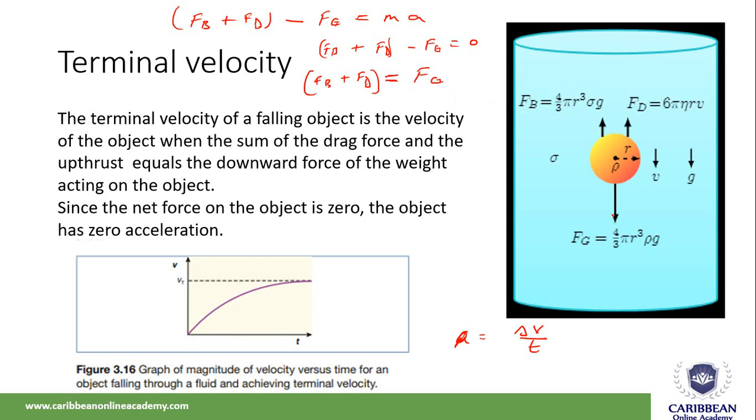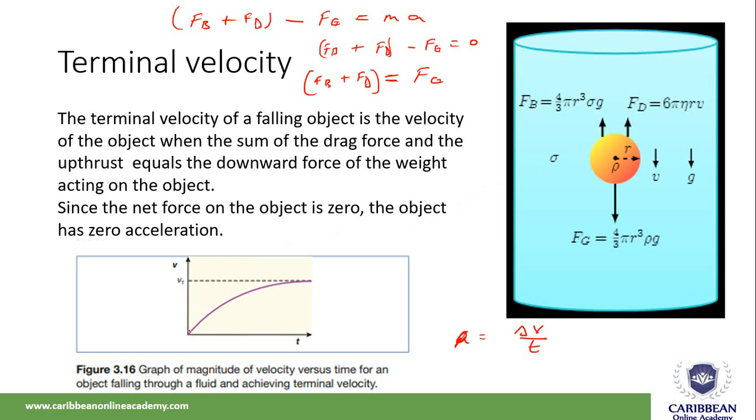So if you know the downward force, you can ultimately know the sum of the upward forces, and so on. Now, quite often you will be required to find the terminal velocity. Good? So from time to time you will be asked to find that.